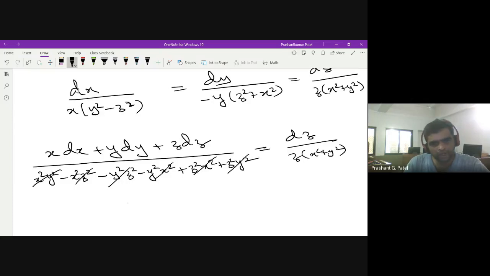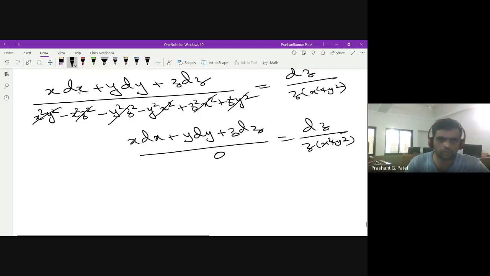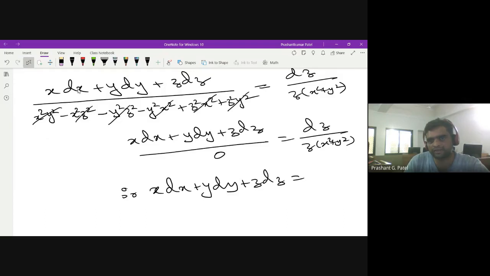Then in the denominator you have x dx plus y dy plus z dz upon 0 equal to dz upon z into (x square plus y square). If you multiply by 0 on this side, it will be 0. Therefore x dx plus y dy plus z dz is 0.